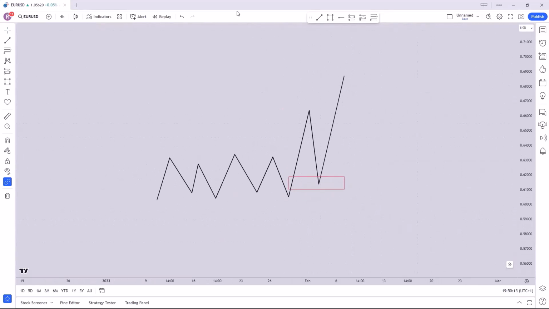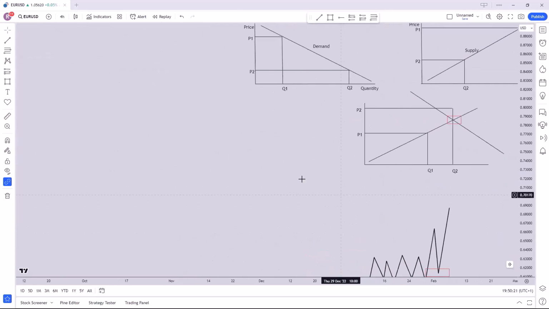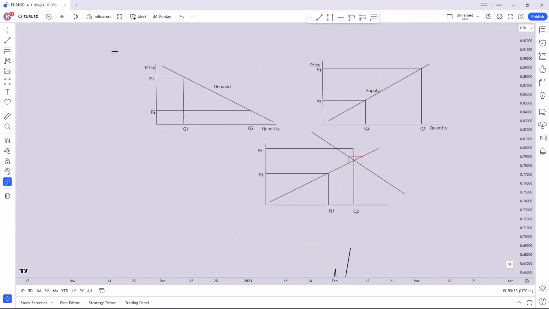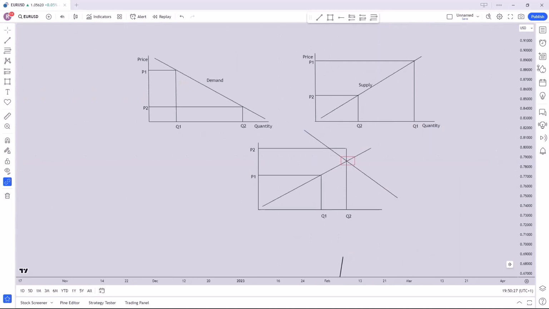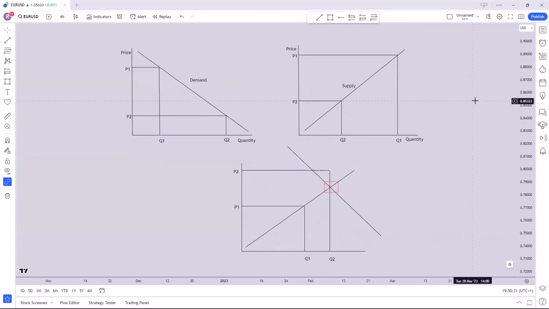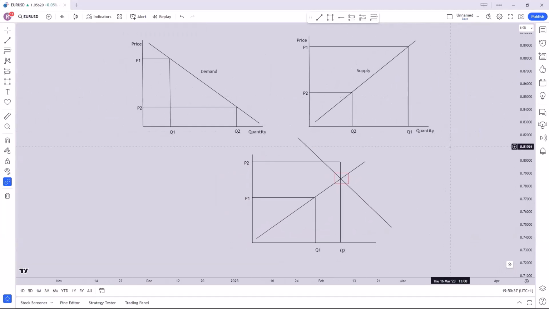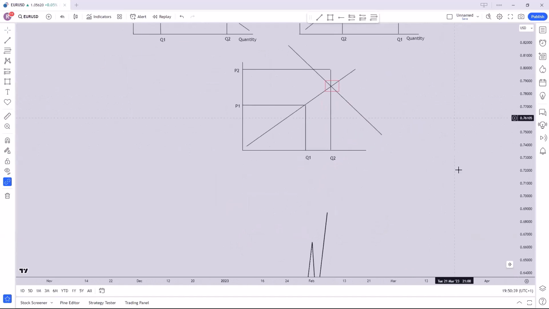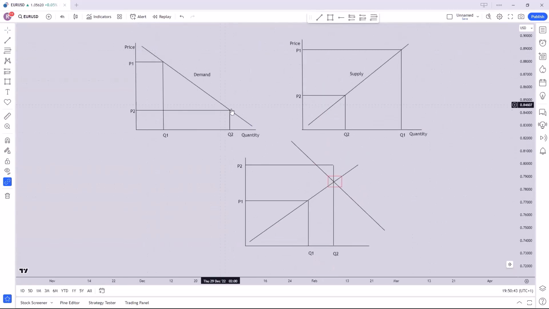I'm sure all of you know, but with all of this that we've gone through here, I hope that you will actually start to understand the mechanics behind it and why the market does react at these certain points. Okay, so obviously just to cover it again really quickly, we've got the demand line here.